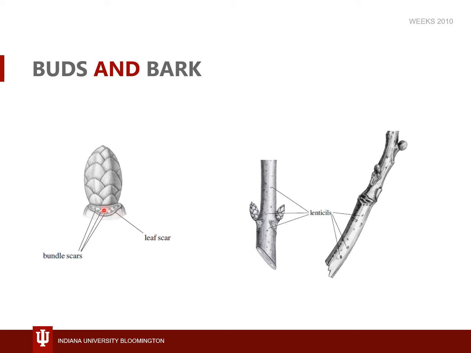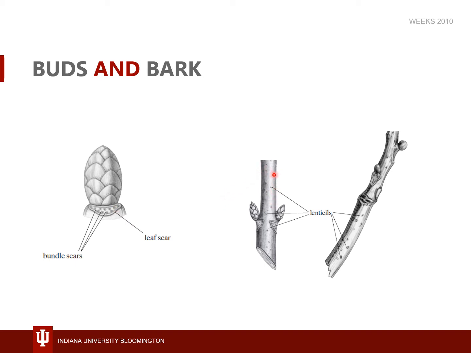Basically, it's vascular tissue. Trees have, I don't want to say veins and arteries like we do, but they have vascular tissue. And so when these leaves fall off, the arrangement of that vascular tissue leaves a particular scar within the leaf scars, and that can be useful for identifying different species from one another. We're not going to get too much into that level of it, but it's something to be aware of.